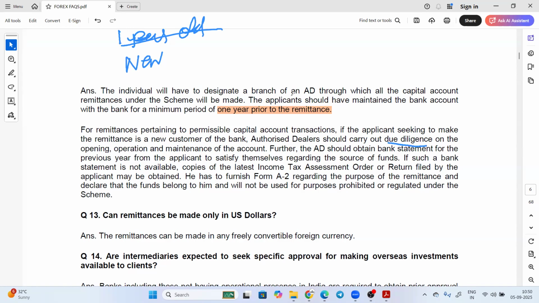Okay, and you can ask for the 1 year statement of the bank where he is already having an account. And if that is also not available, then an ITR copy can be asked from the customer. And we have to take Form A2, and we have to take the declaration that the fund belongs to him and it is not used for the purpose that is prohibited under this scheme.